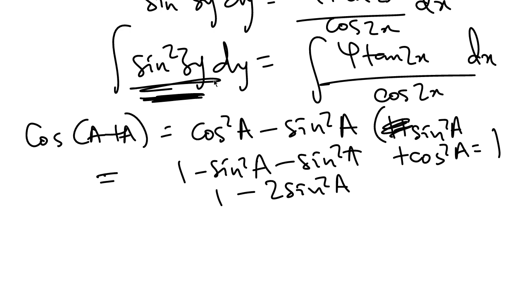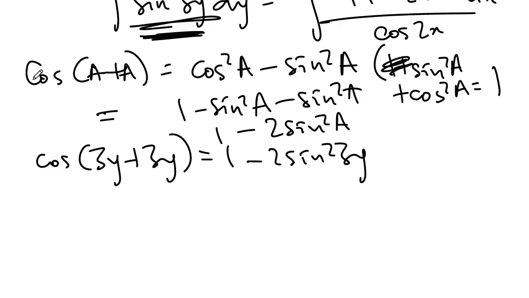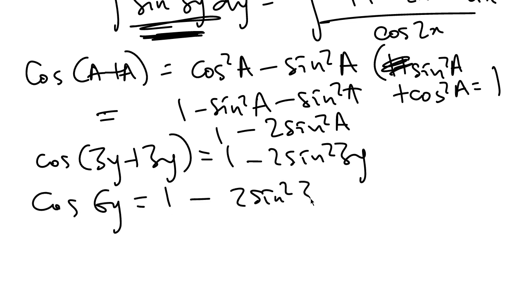In this case, we have sine squared 3y. So that's cos(3y plus 3y) equals 1 minus 2 sine squared 3y. So what we have is cos 6y equals 1 minus 2 sine squared 3y.